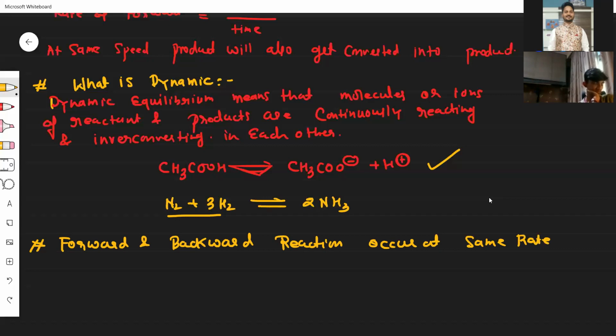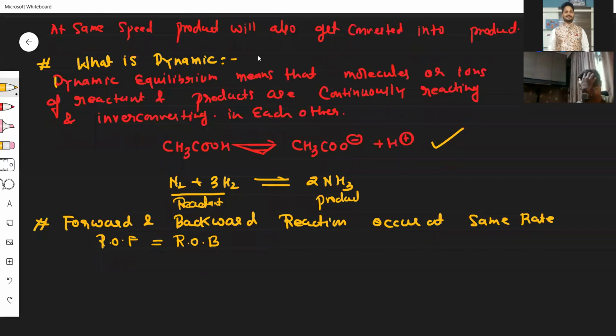So the amount of time taken for reactant to get converted into the product, same will be the time taken by product to get converted into the reactant. So that is called ROF, rate of forward reaction is same as the rate of backward reaction. So I hope you got it. I'm just trying to explain the same thing which I had already given you in the beginning.